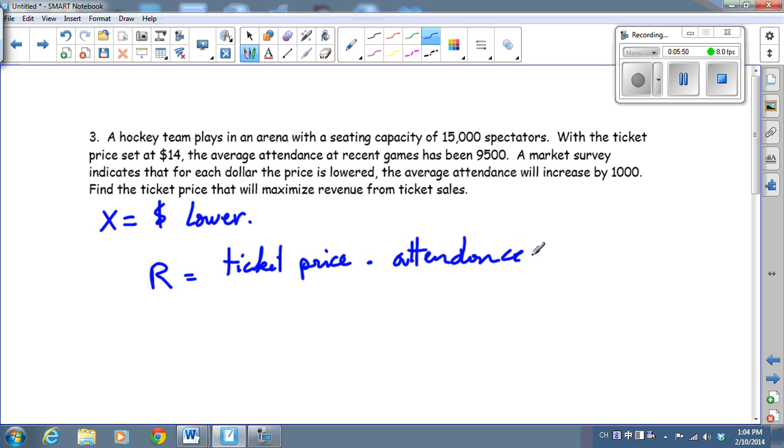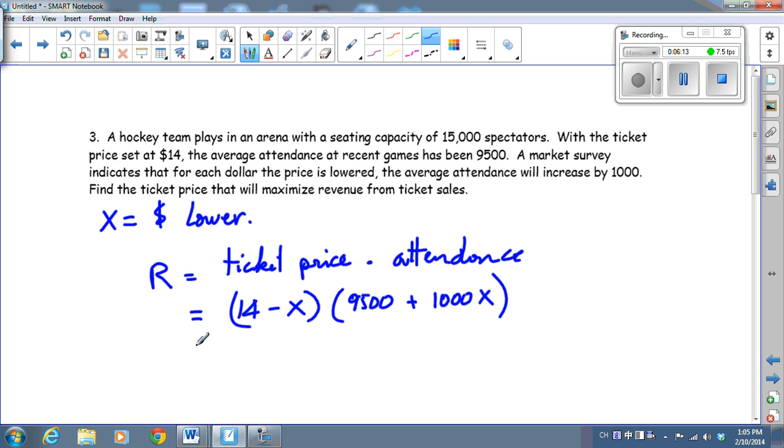To find the ticket price depends on how much is lowered. So I will start by saying it is the original price minus the price that is being lowered. In the attendance here, we have 9,500 for sure, plus 1,000 times that price again.